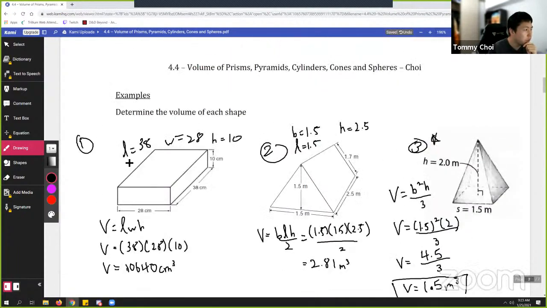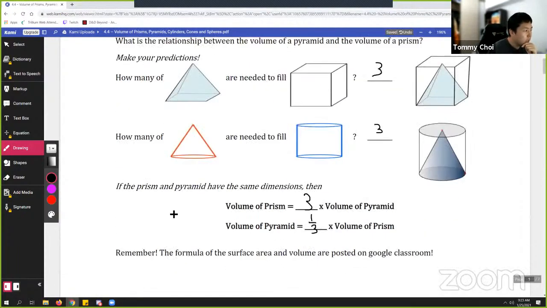Scrolling up to the first page, I said, hey, if the prism and the pyramid have the same dimensions, then the volume of a pyramid is one third the volume of a prism. And we specifically use cones and cylinders as well as pyramids and prisms.